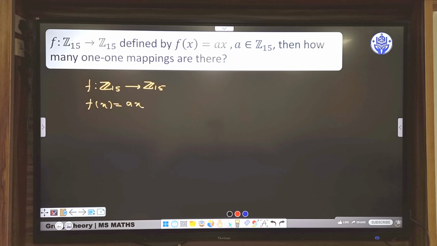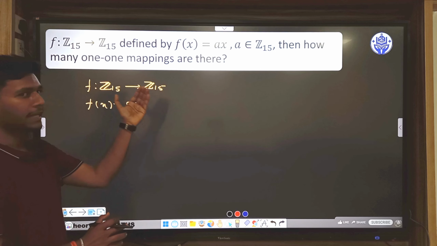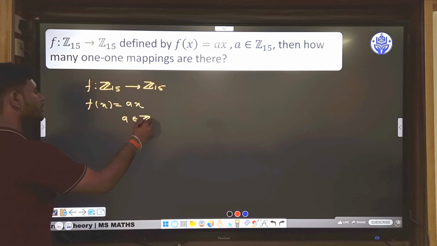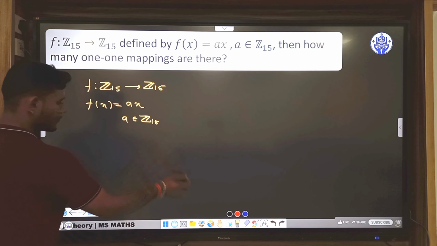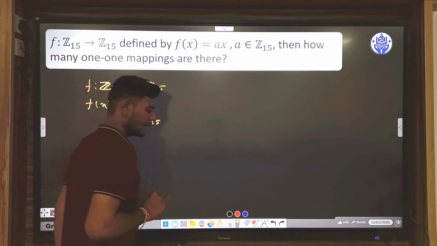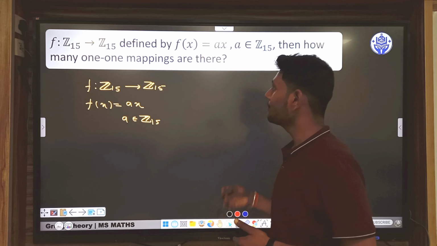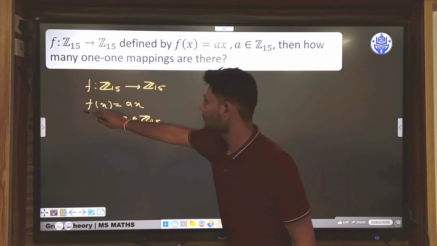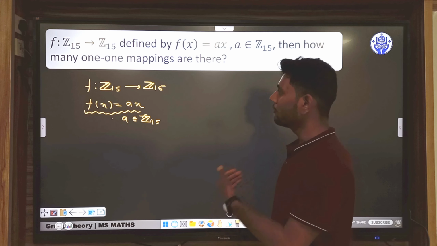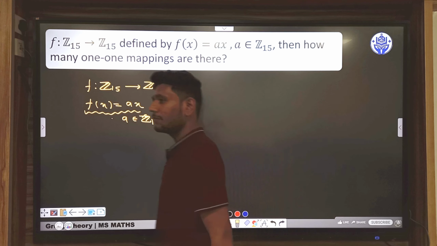We can find the a, and there is also a criteria that a belongs to this Z15. Can I find such a which will make a one-one mapping? Or I can find the number of functions which will make a one-one mapping in this particular domain and codomain. Yes, I can find.